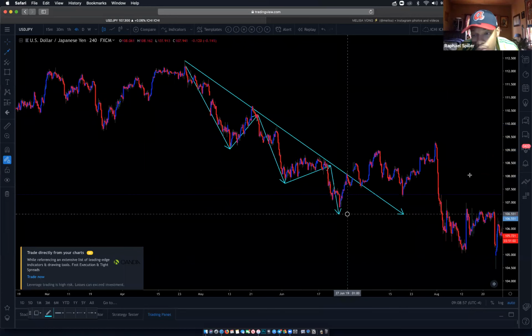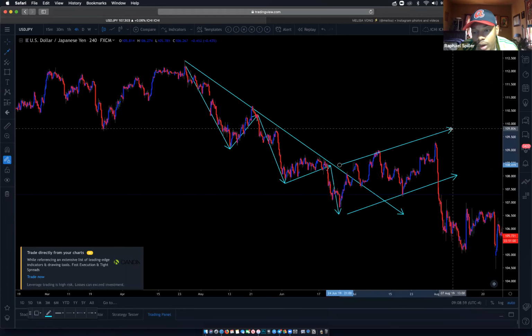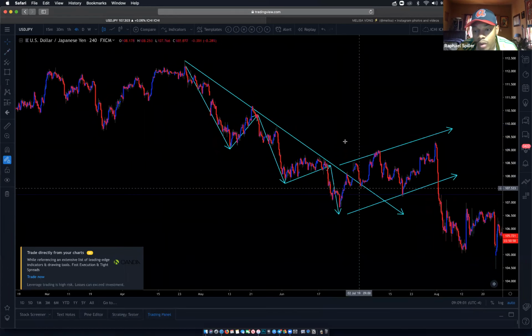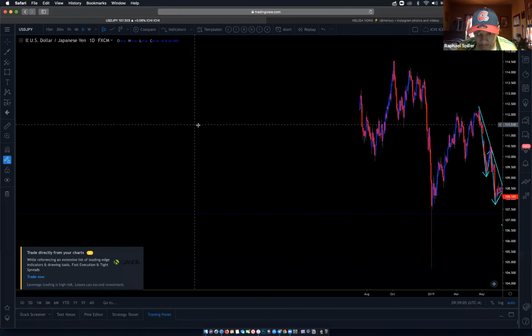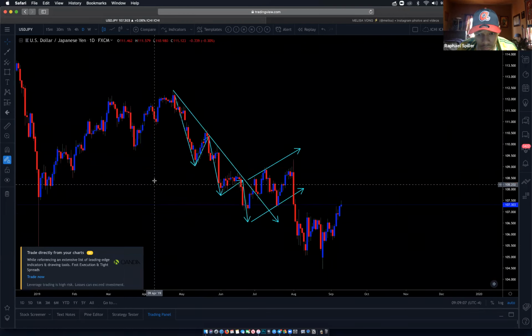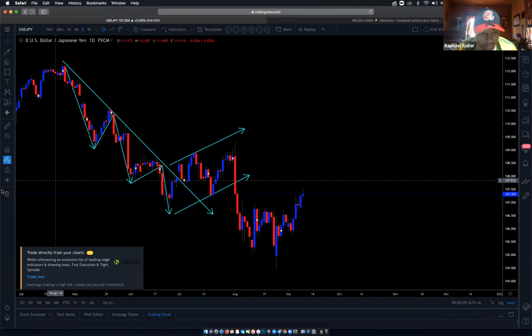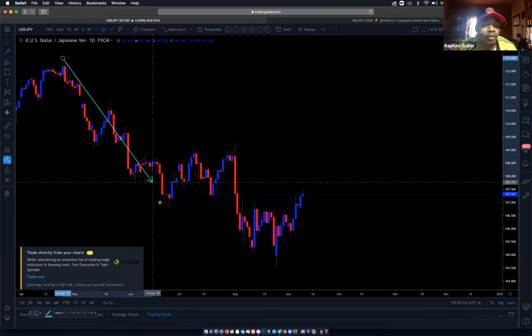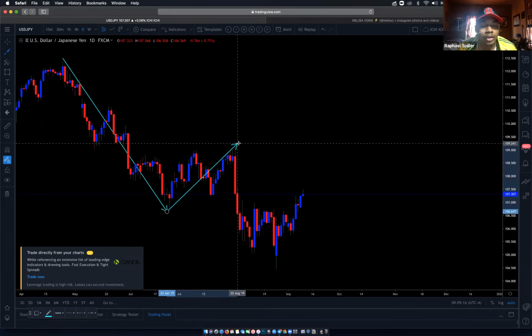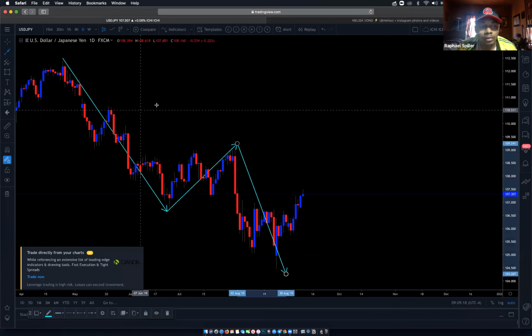In this case, this formed a bigger flag on a higher time frame. This is not even a 4 hour time frame flag because it's bigger. That would be more like a daily flag, right? Like I said, there's smaller and bigger time frame flags. So this will be a correction and a continuation.